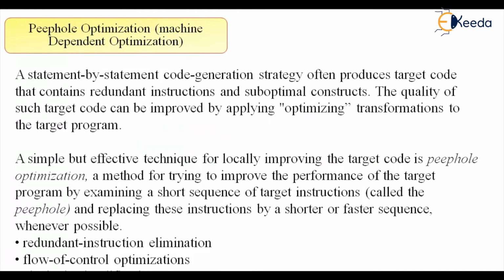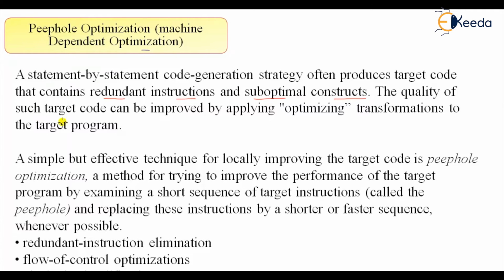Okay, so the next set of optimization is peephole optimization, and these optimizations are generally considered largely machine dependent optimization. A statement by statement code generation strategy often produces target code that contains redundant instructions and suboptimal constructs.